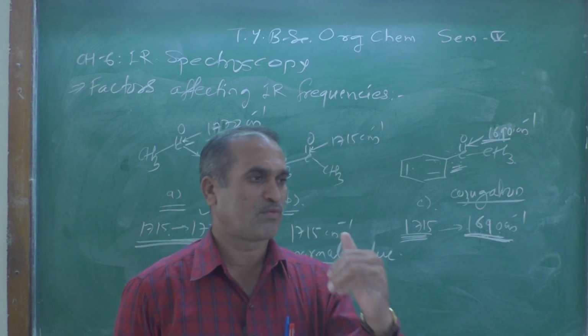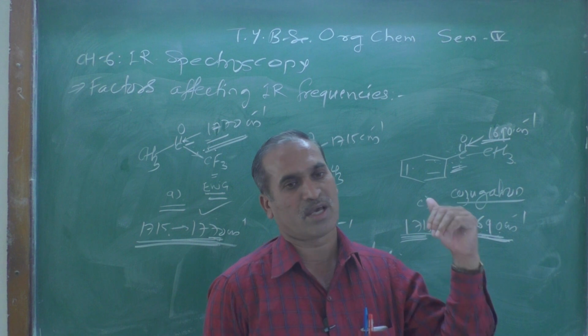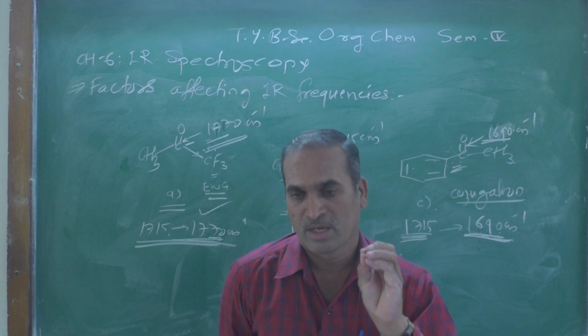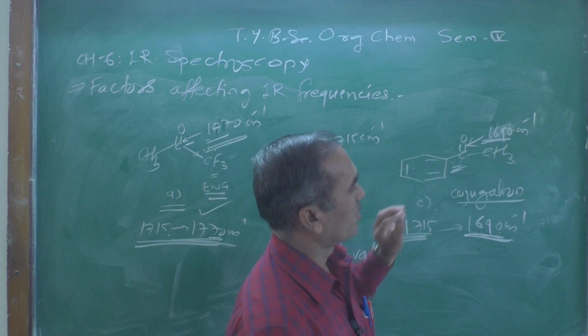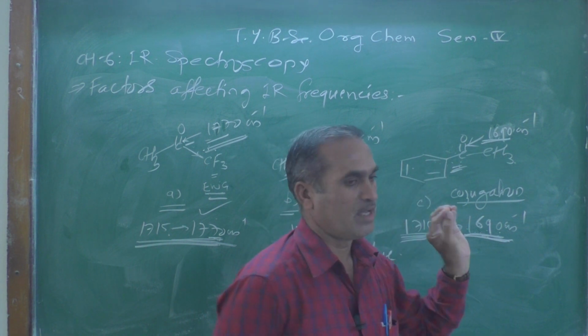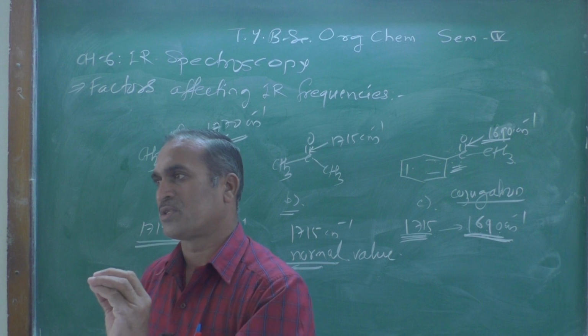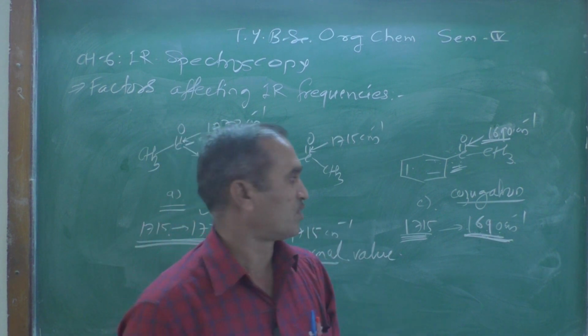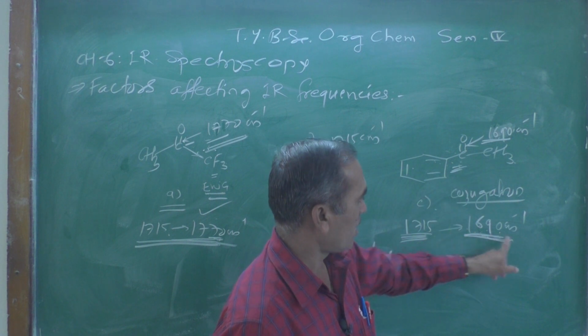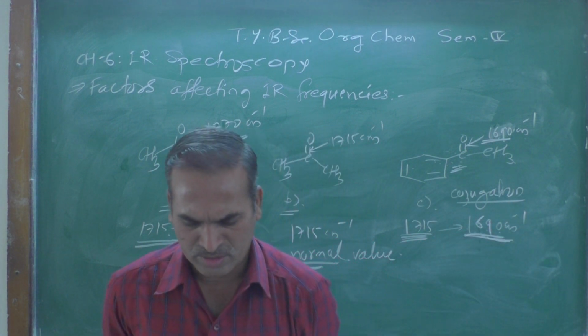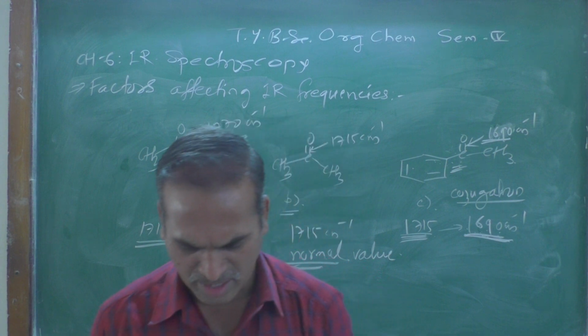As we know, force constant and frequency are directly proportional to each other, and therefore when the force constant decreases, the IR frequency also decreases. So this is the explanation regarding this.